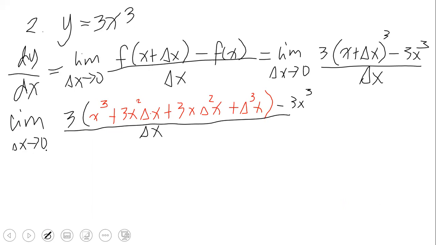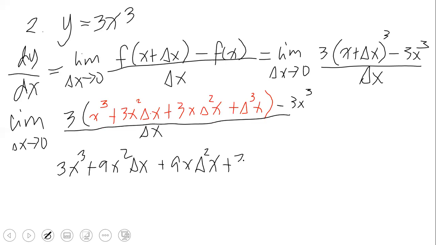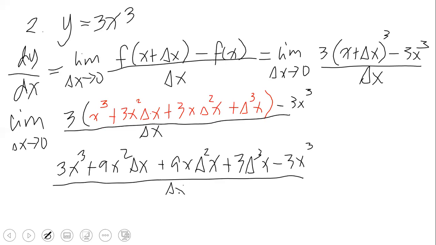So we have the limit of 3x cubed plus 9x squared delta x plus 9x squared delta x plus 3 delta cube x. Then the original function 3x cubed, all over delta x as the limit delta x approaches 0.